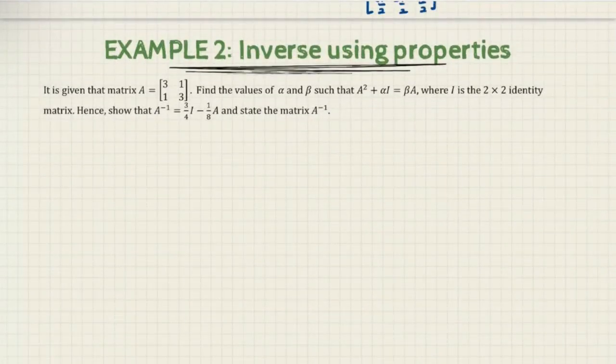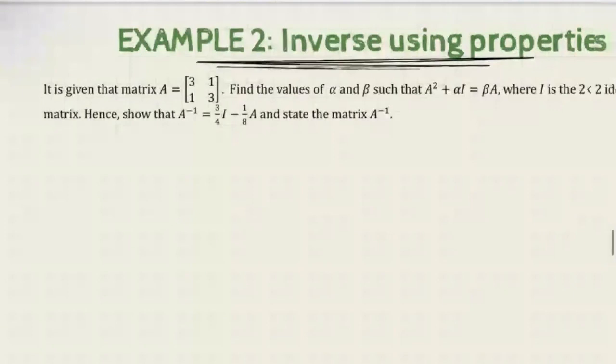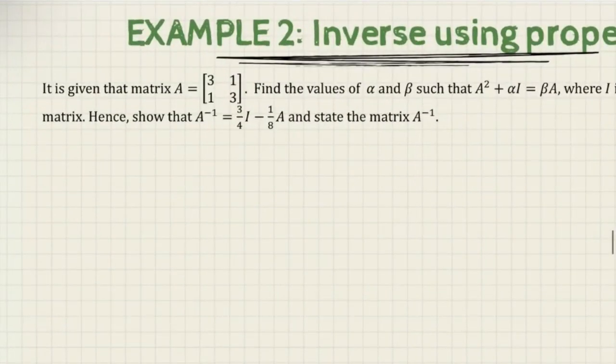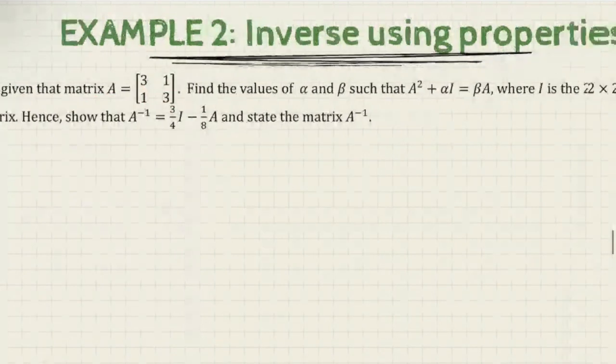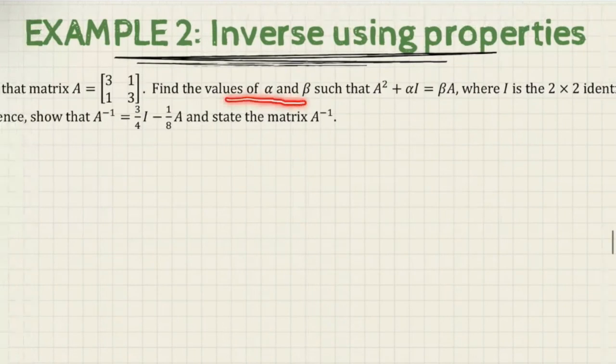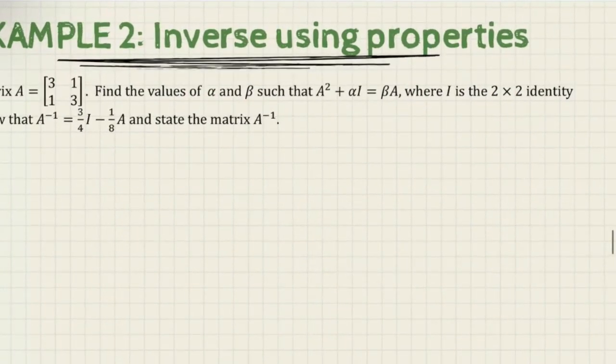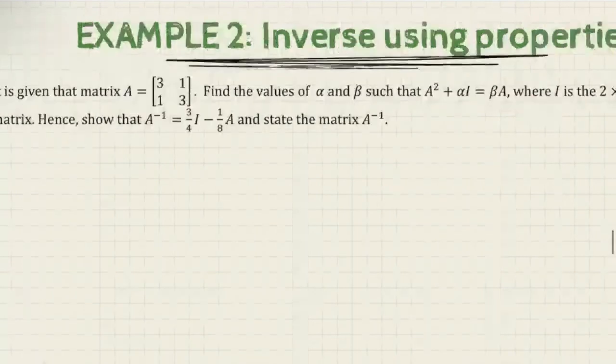So kali ni guna properties juga, tetapi property itu sedikit berbeza. So pertama, it is given that matrix A 3, 1, 1, 3. Okay, 2 by 2 matrix. Find the values of alpha and beta such that A squared plus alpha I equals to beta A. And I adalah 2 by 2 identity matrix.